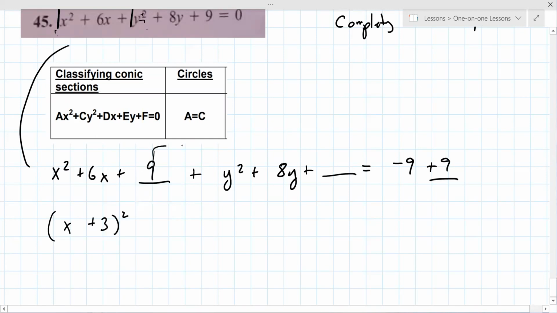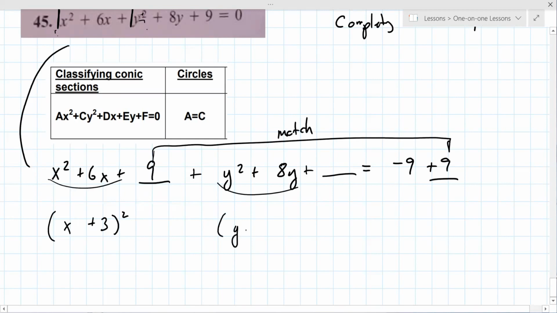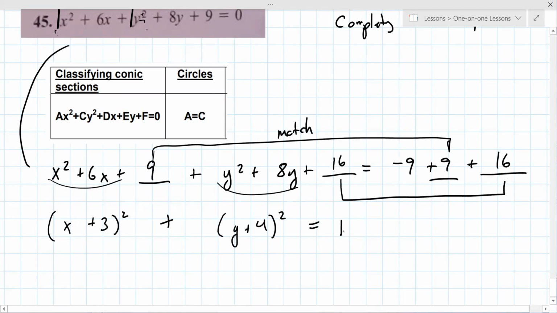So this 9 and this 9 have to match. Same thing here. What is half of 8? It's 4. When you square it, you get 16. So you have to put that over here as well. So what does the right-hand side equal? Negative 9 plus 9 plus 16. This is just 16.